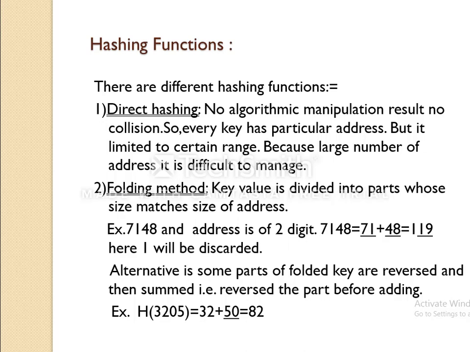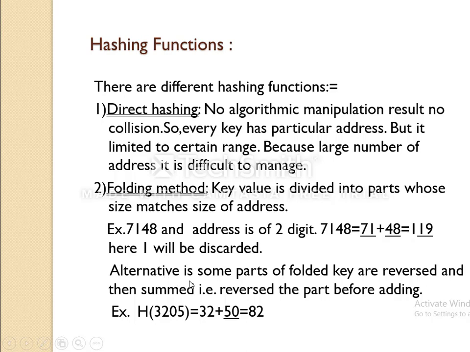So first we have to fold this 7418, that is 71 and 48, and we add, that is 71 plus 48 is equal to 119. But as we have a 2 digit address, 2 bytes address, the one is discarded here. So the address is 19.